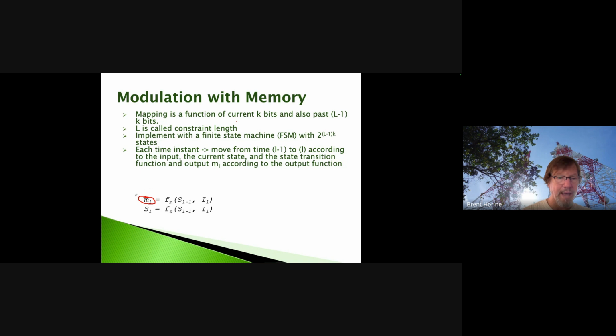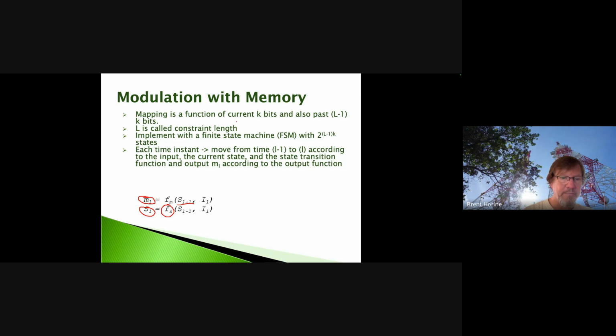What are we going to output? M sub l, and that's going to be some function of the current state and the new inputs. And then we're going to have a new state according to a state transition function.